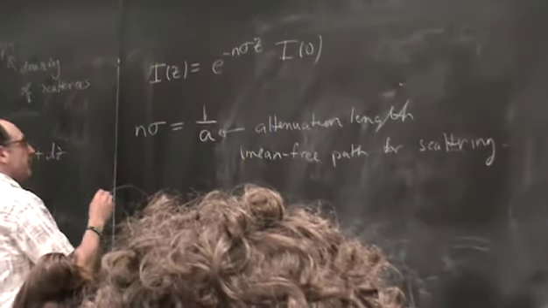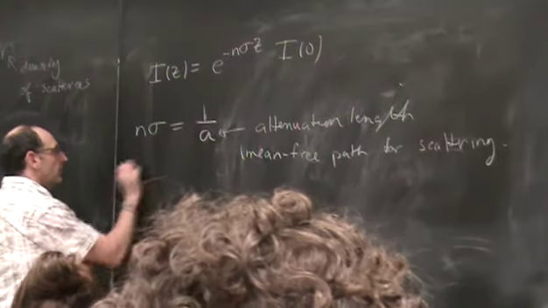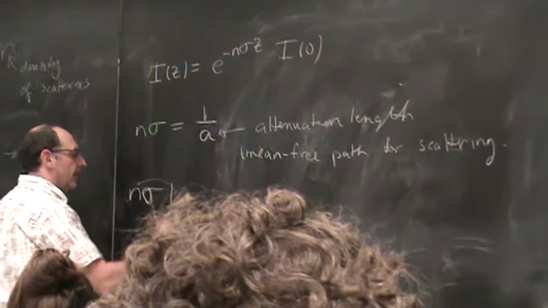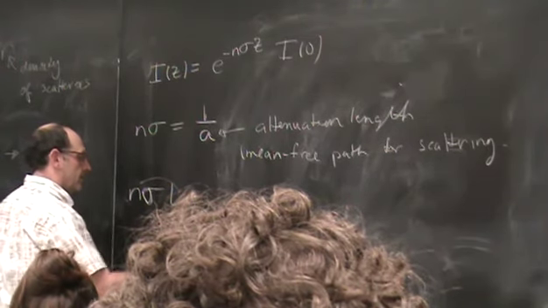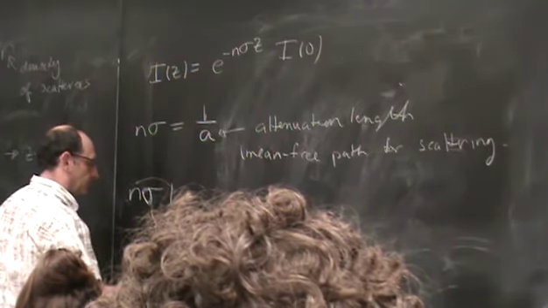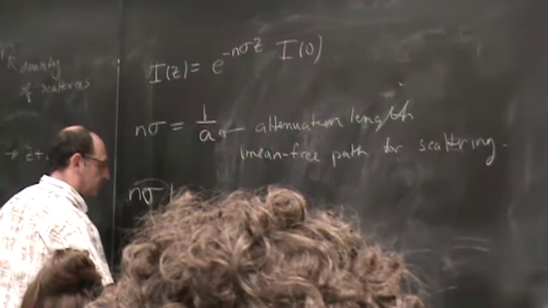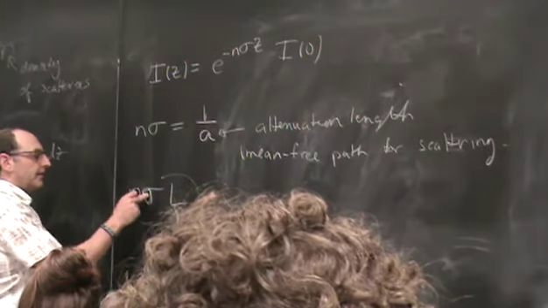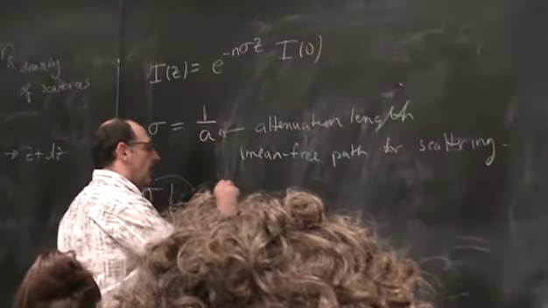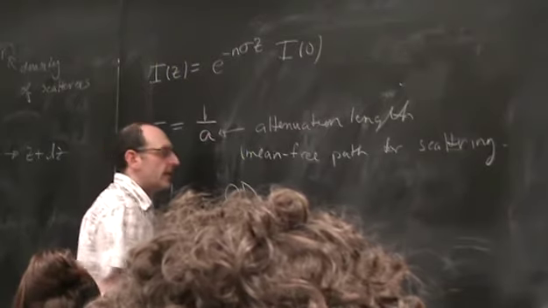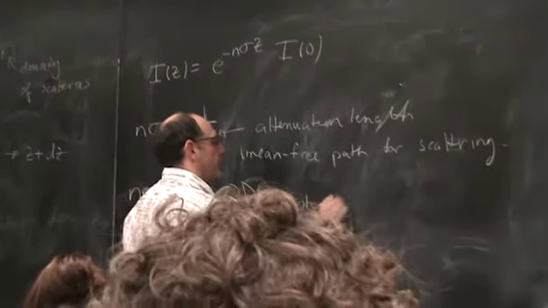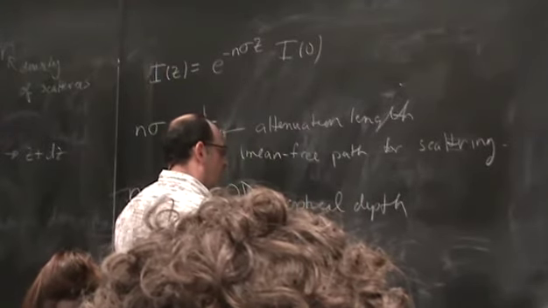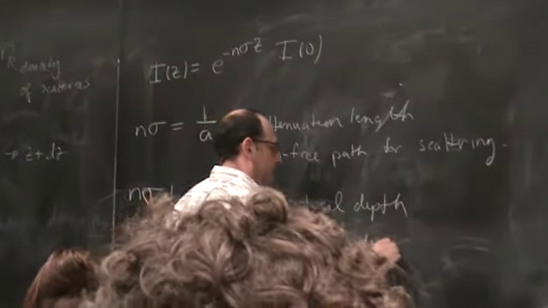So if L is the length of propagation, then n sigma times L is known as the OD, the optical depth. Also sometimes known as the optical density, even though it's not a density.